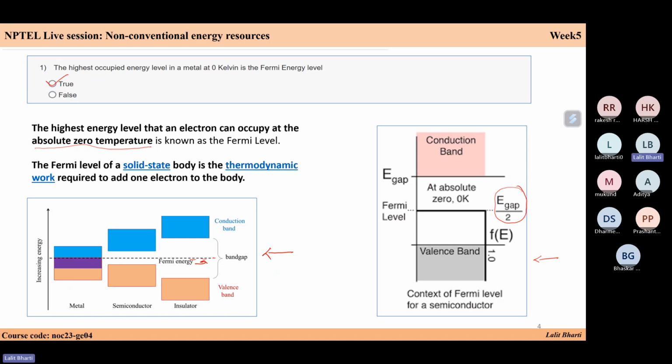So basically that is the measure of up to which level the electrons are occupied. If you have a higher Fermi level, it means you have denser electrons at that level, and vice versa for the opposite type.